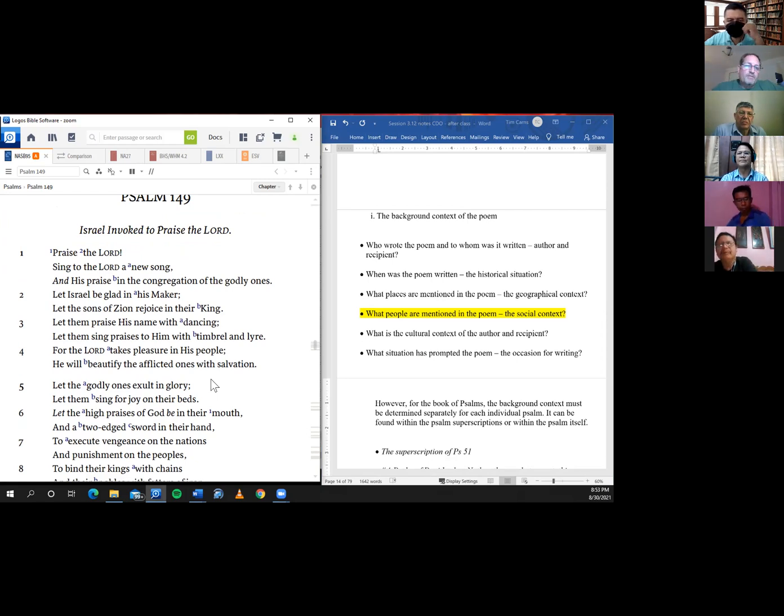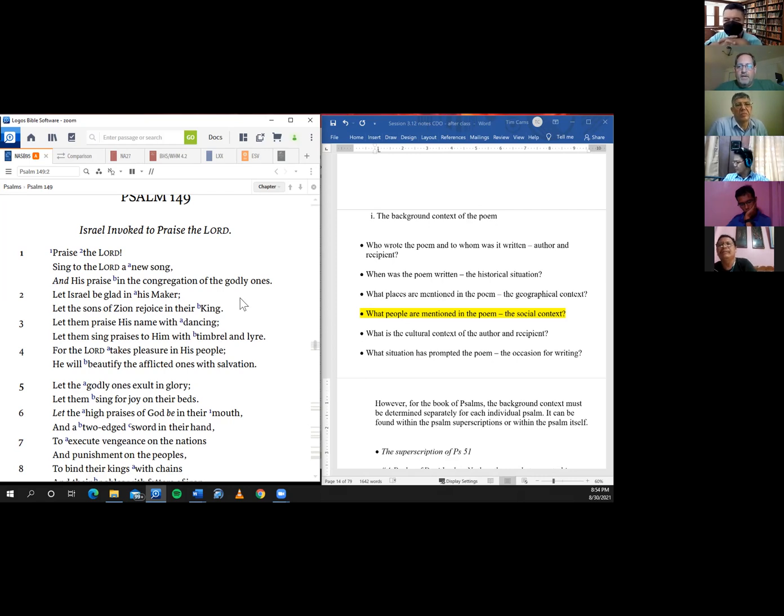134 of the Psalms have no title. 40-something of the Psalms have the author not known. So that tells us that, in some cases, we don't need to have all the information to still understand what the point of the psalm is or the purpose of it.